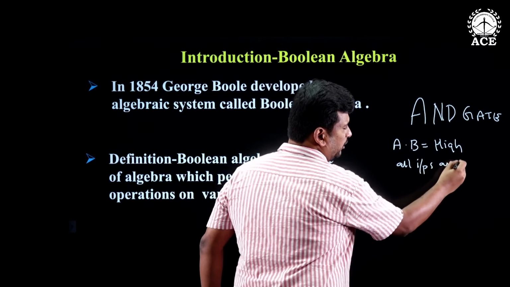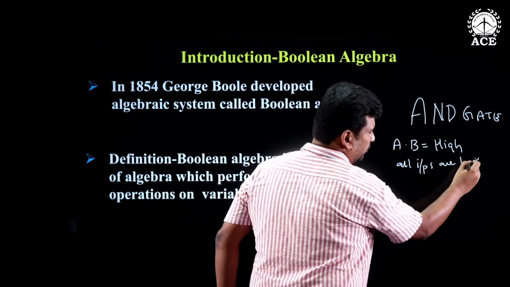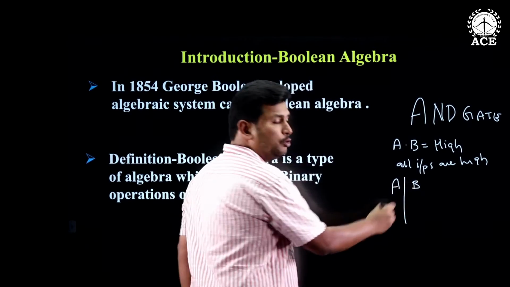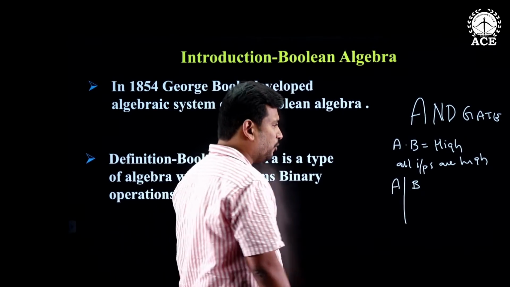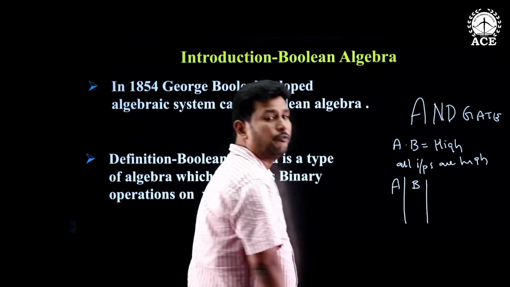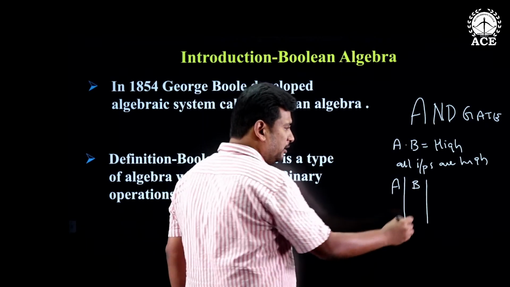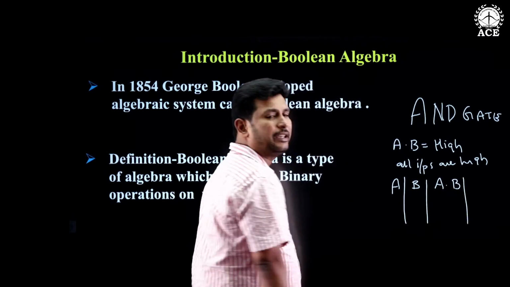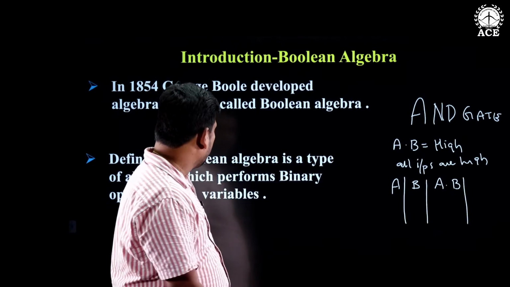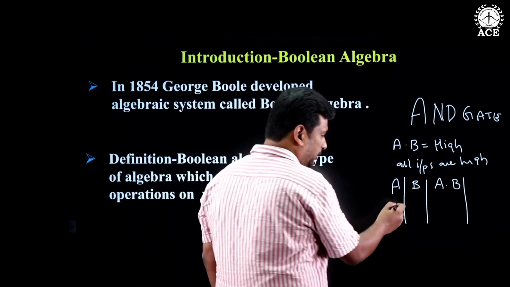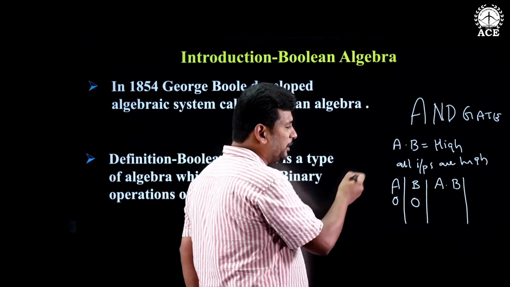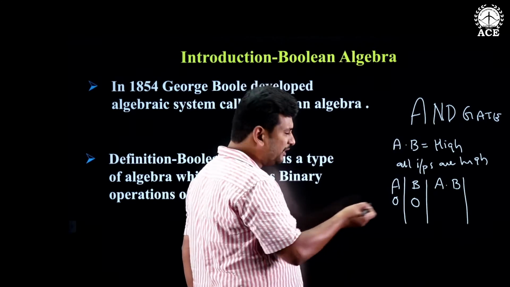So what do you mean by this? If you want to represent it in the form of a truth table, if you have two inputs, A and B, we call these two inputs variables, and the operation AND between these two variables is called a binary operation. So today, Boolean algebra is about different variables and the operations implemented on those variables. Now let's have a look.